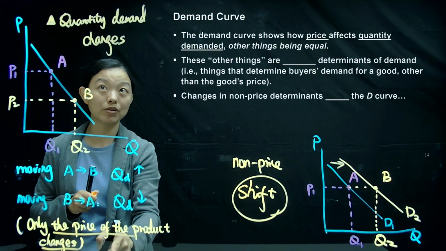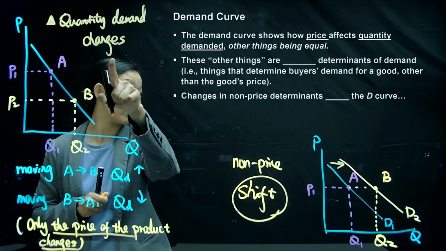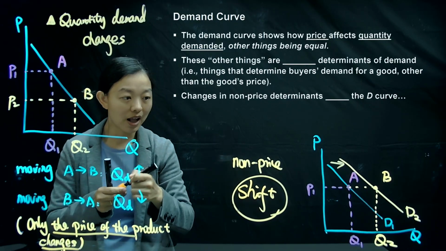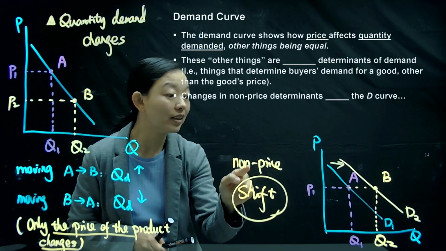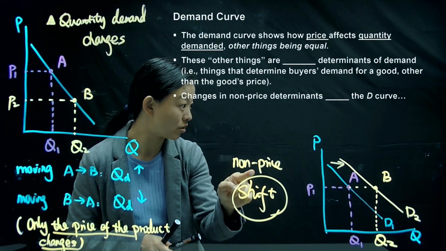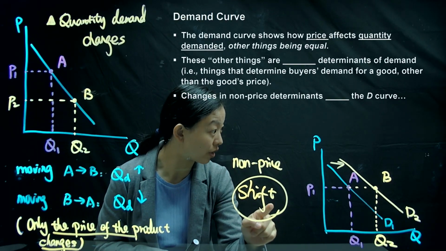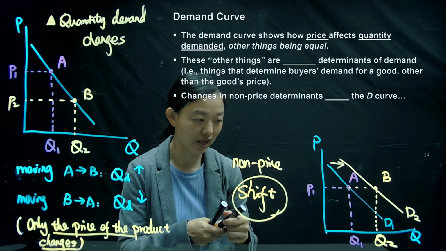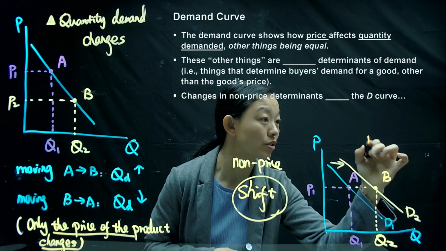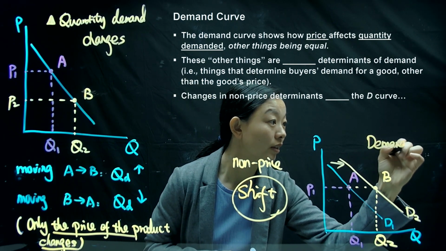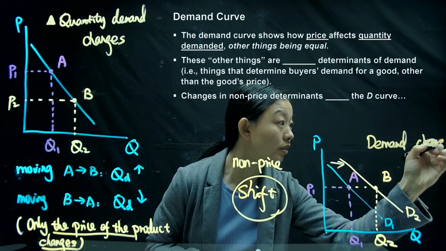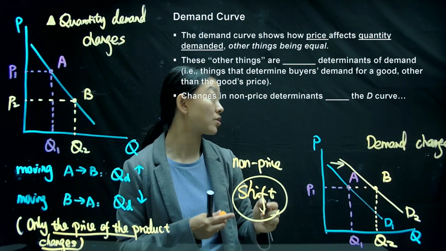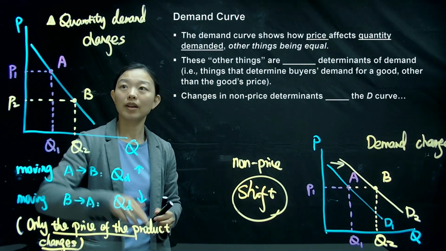The price of the product would cause the quantity demand to change. However, other non-price determinants would shift the demand curve. And from this part, we would say demand changes. So do you see the difference?